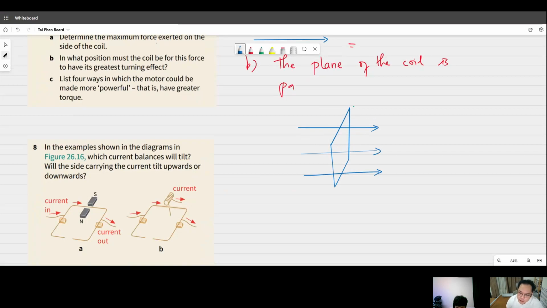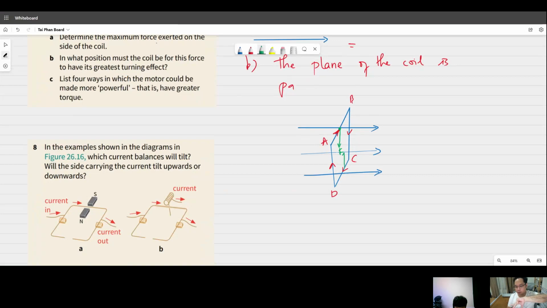Use the left-hand rule to determine the direction of the forces. Let's call the corners A, B, C, D. The current, for example, runs in this direction. Field to the right, current into the page, the force on the top side will be downward.